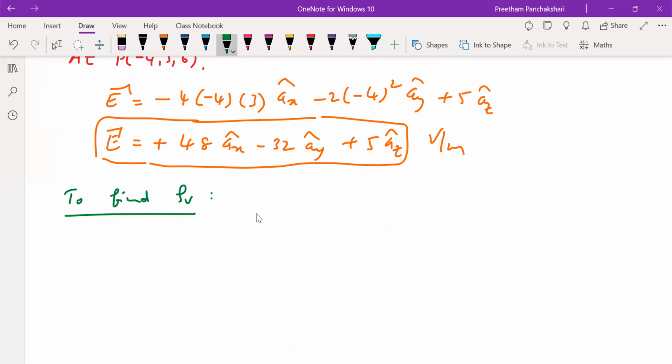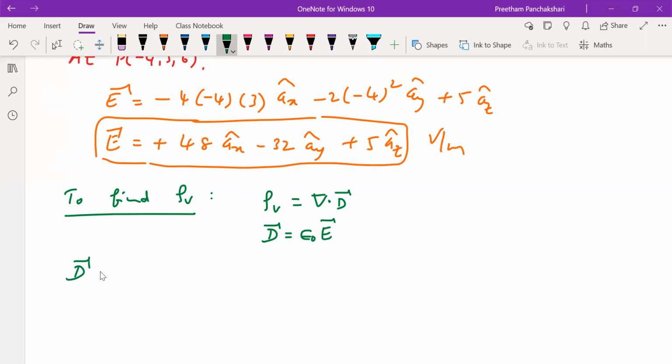To find rho V, I'm going to use point form of Gauss law, that is the Maxwell's first equation, del dot D, divergence of D. But D we need first. So this is given by epsilon naught E. Just by multiplying E with epsilon naught, we can find D.